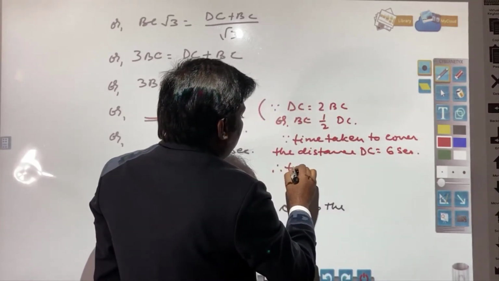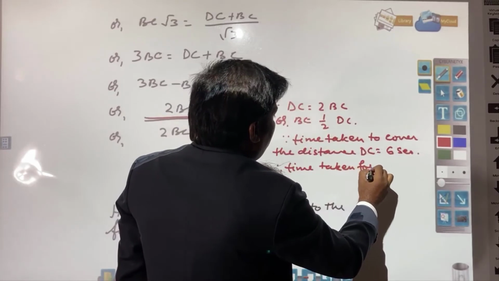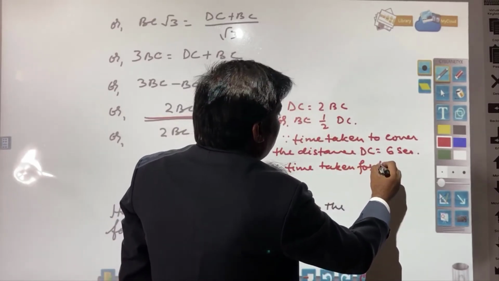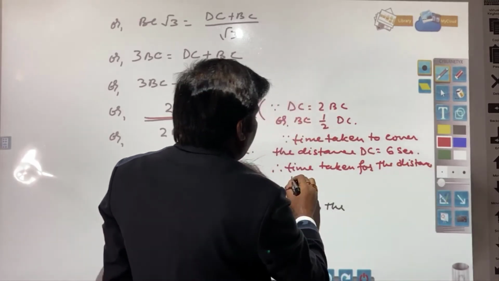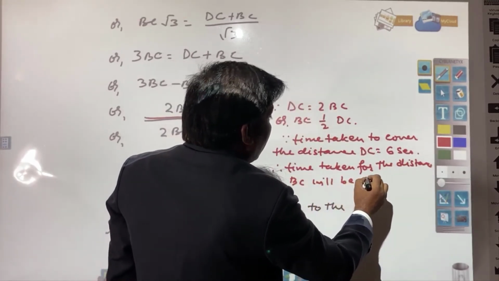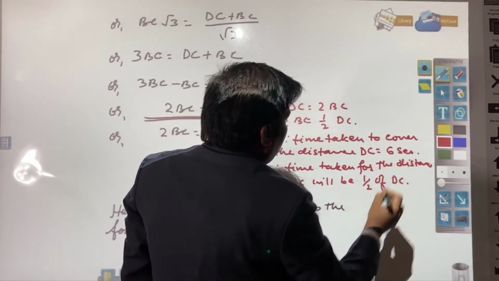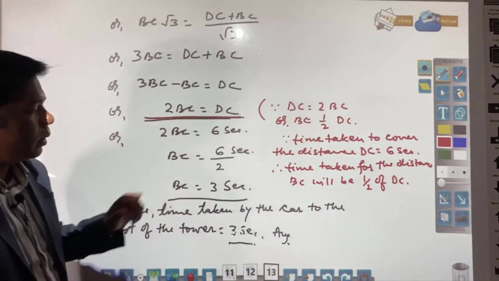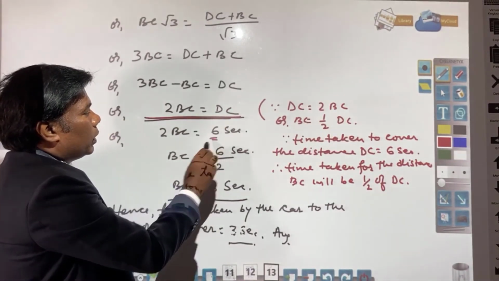Therefore, time taken for the distance BC will be half of DC, and therefore this will be your answer, 3 seconds. So don't be confused, the value has not been put, 6.